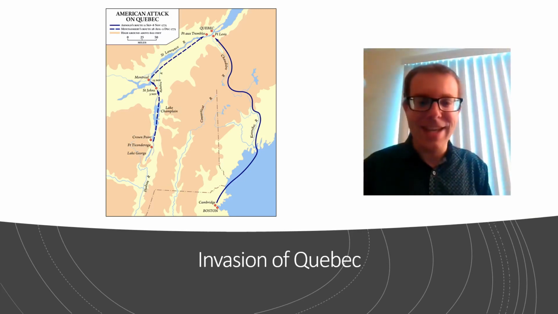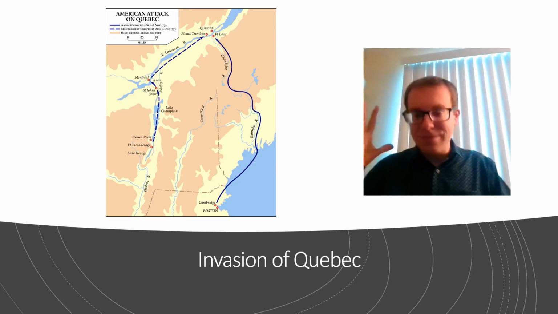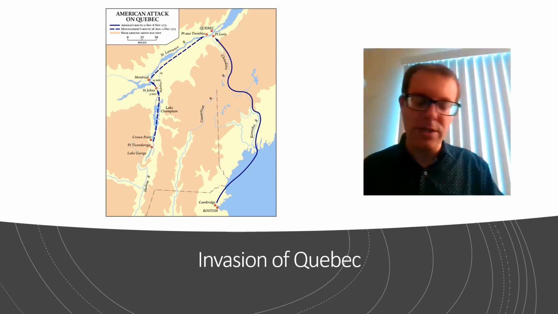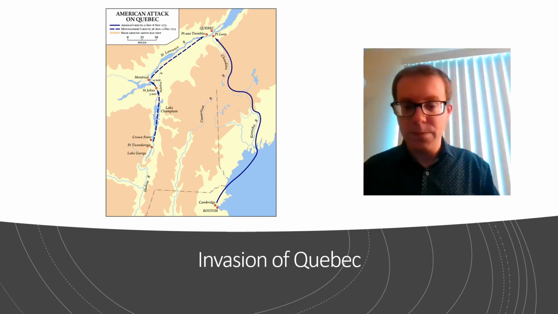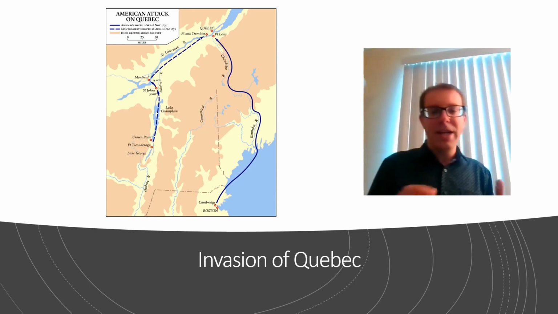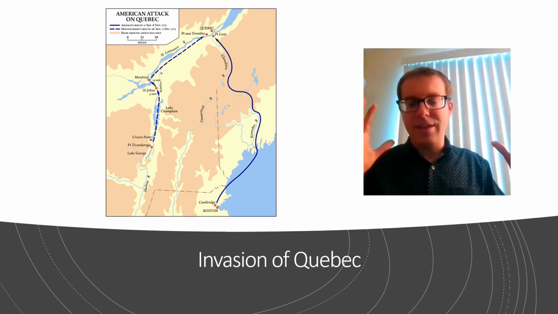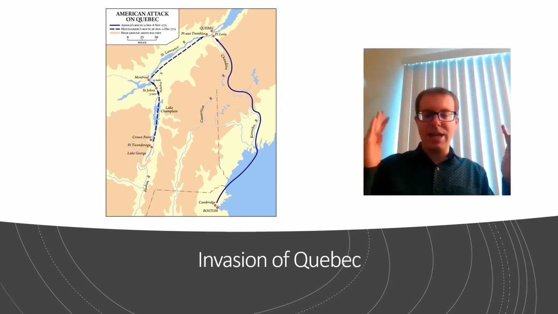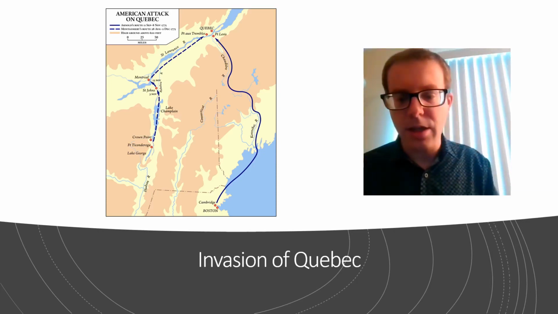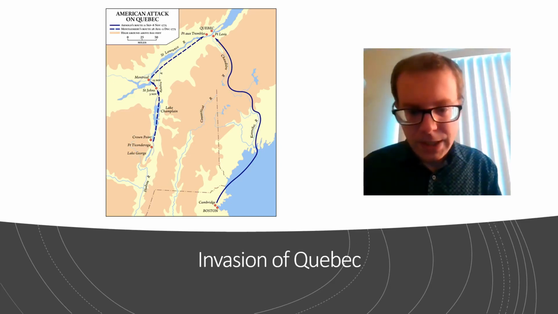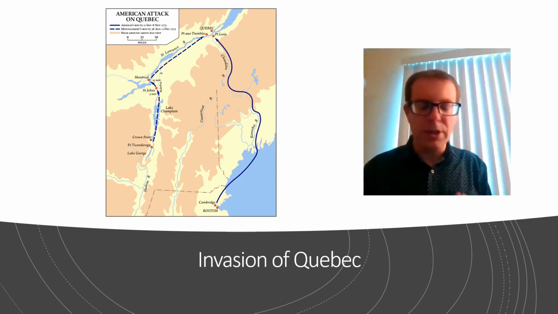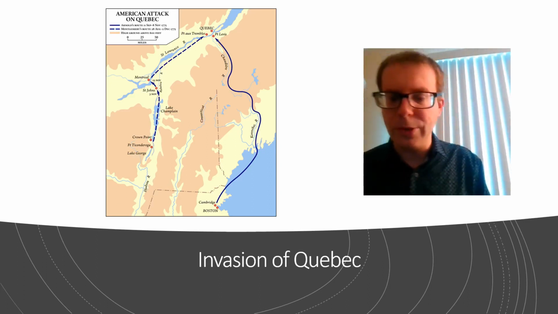Americans always think that Canadians will join them in their big revolt against Britain, and they especially think Quebec will because Quebec has a lot of French settlers who generally do not like the British, and so immediately the Continental Congress and military leaders begin organizing an expedition against Montreal and Quebec City, and so they form an army in New York. That's a mix of New York militia and Continental Army regulars.